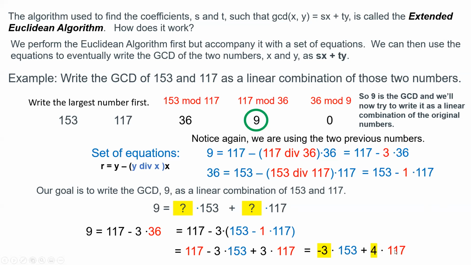You don't have to keep track of it right now, but I want to make sure I call those numbers right. The smaller one's going to be the X, the larger one's going to be the Y. So if I'm calling 117 X, then what's in front of that would represent my S. And what's in front of the Y will represent my T.